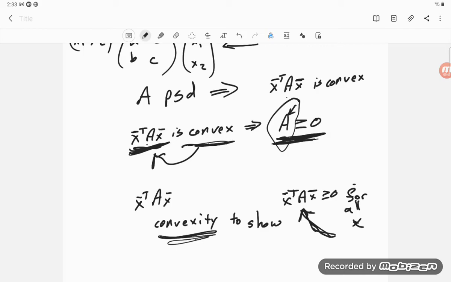They have this sort of flip-flopped relationship. With convexity, you're looking at this whole function, and you're saying it has a certain property.